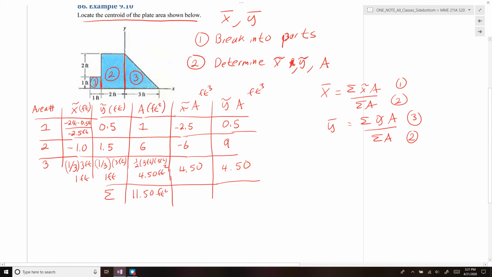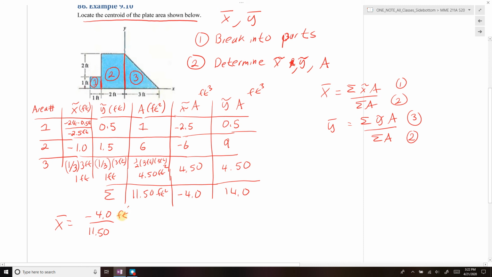Alright, so if we add these all up, for x tilde times a, we would get minus 4.0, and for y tilde times a, if we add those all up, we would get 14.0. So x bar would be minus 4.0 divided by 11.50.